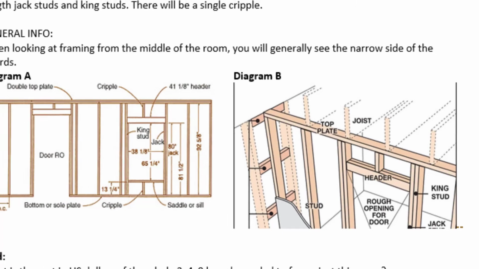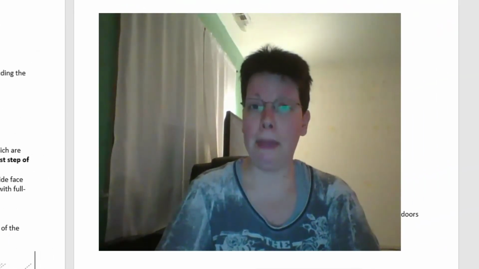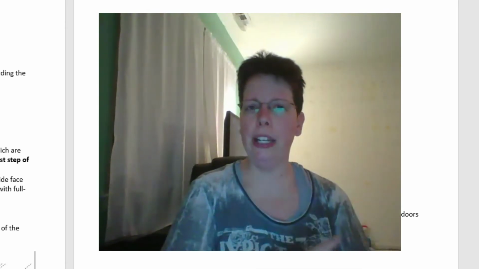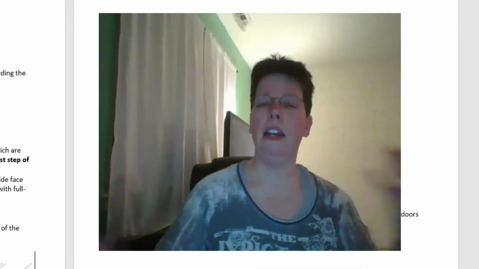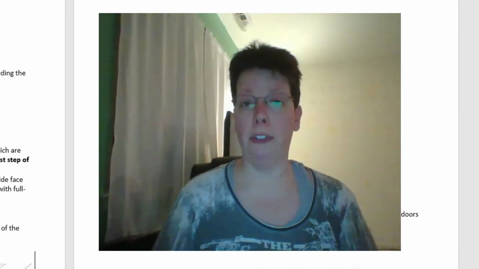General information: if you didn't know, when you're looking at framing, you generally see the narrow side of the board. And I want to know what's the cost, because the quantity we estimate based on quantity takeoffs. We estimate dollars. So I wanted to do the quantity takeoff and then estimate based on these numbers that you have gotten from your preferred supplier.